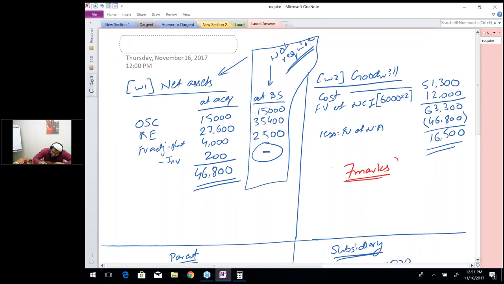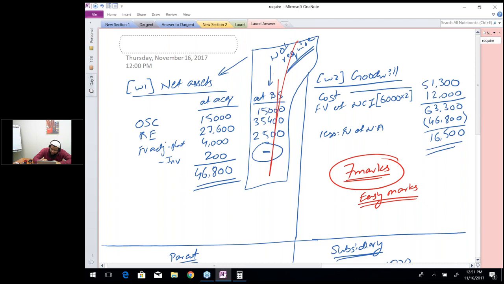I think these 7 marks were actually easy marks. There's nothing difficult in these 7. There was some level of difficulty in the dividend, but these 7 marks are not difficult.